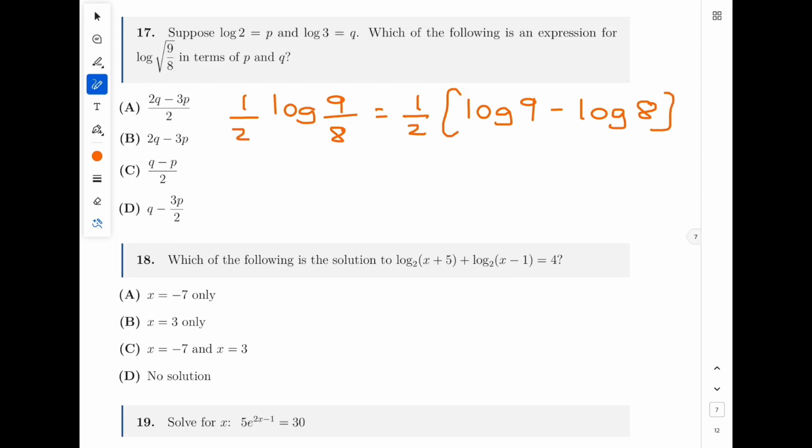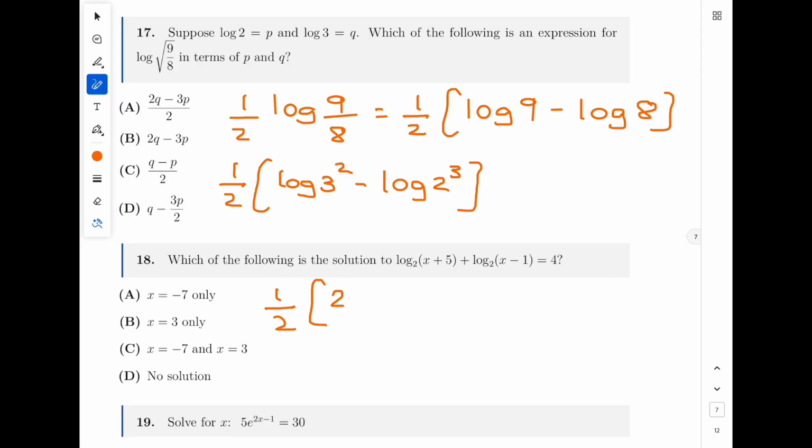But log 9 is half into log 3 squared minus log 2 to the power 3. This is equal to half into 2 log 3 minus 3 log 2, and now we know what log 3 and log 2 are.